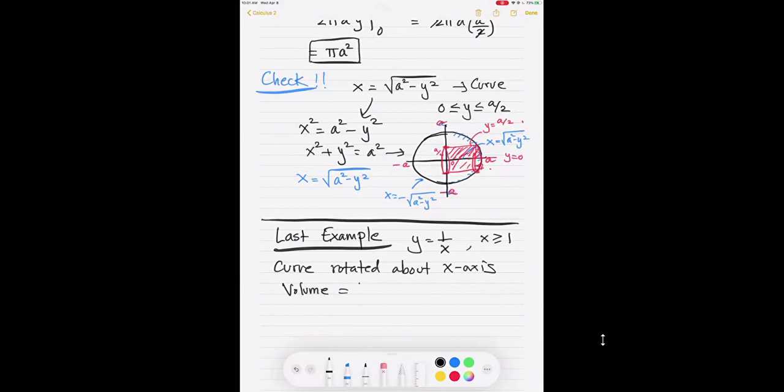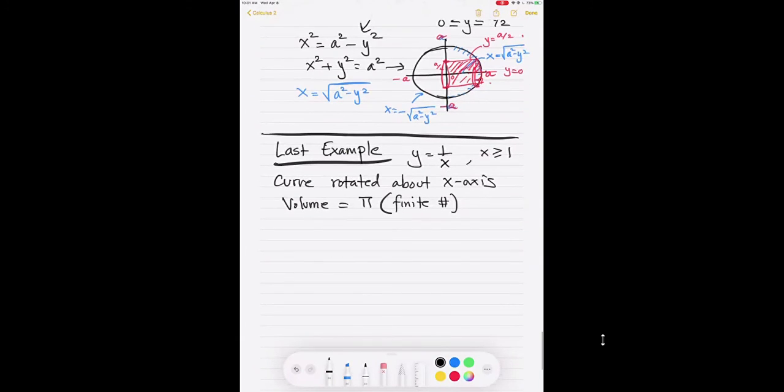And the volume, interestingly, turned out to be pi, which was a finite number. Why am I saying this? Because I'm trying to say to you, look at what Gabriel's horn was. So this was your y equals 1 over x. So this was your Gabriel's horn.